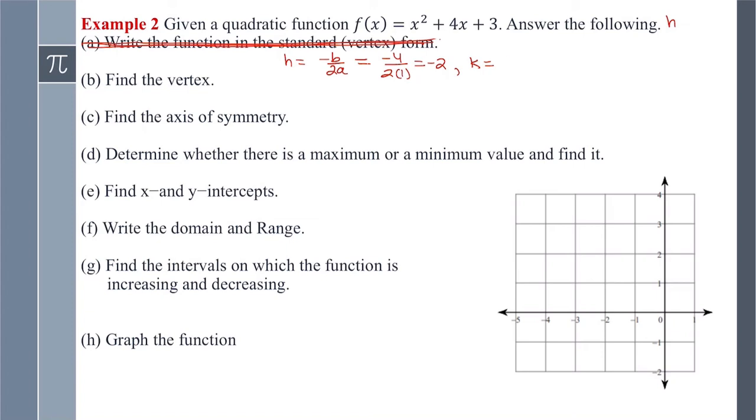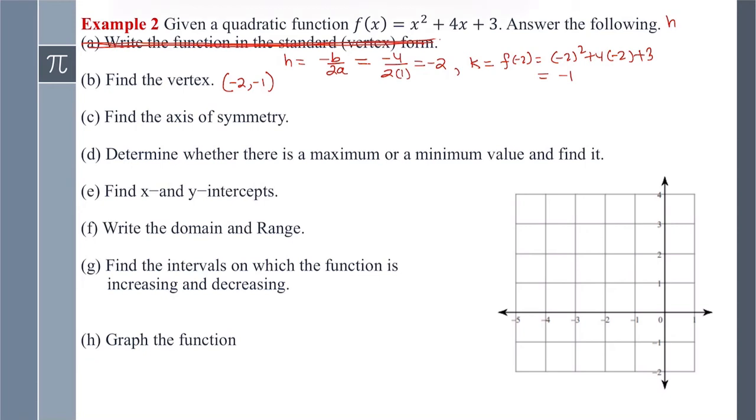So k equals f of -2, which is (-2) squared plus 4 times -2 plus 3. And then if you simplify that, you're going to get -1, because this is 4 minus 8 plus 3. That means the coordinates of the vertex are -2 and -1. So -2 comma -1 is the vertex.